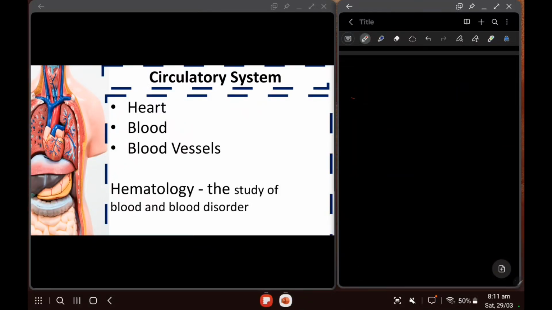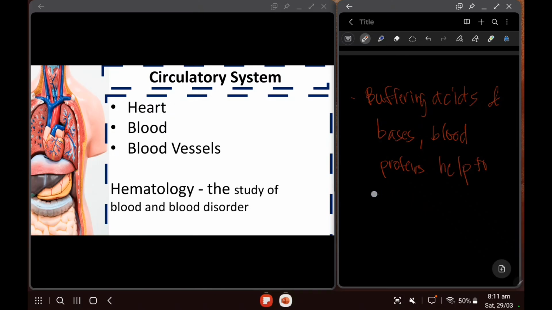Then, our body also regulates through the buffering of acids and bases, and also the blood proteins, because they help to stabilize the pH of the extracellular fluid.